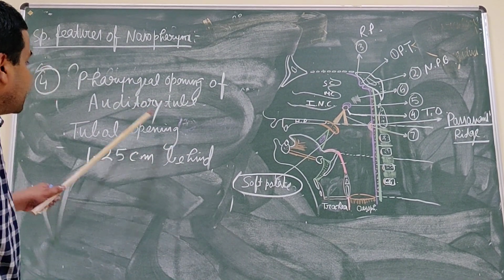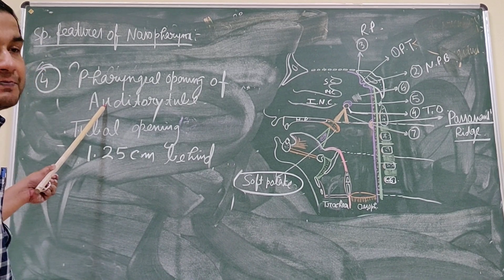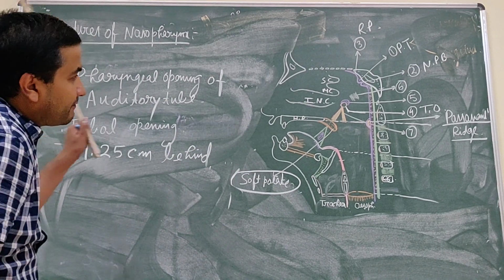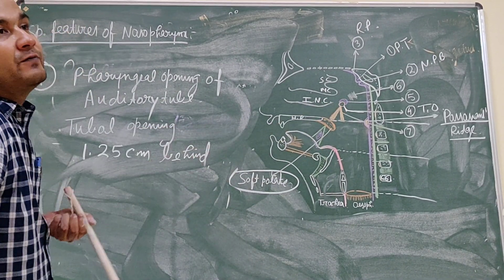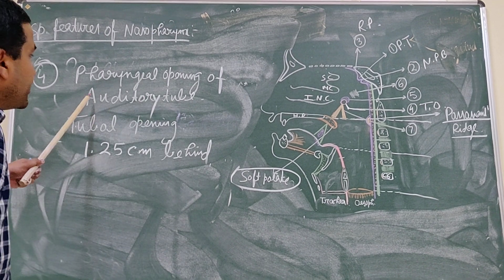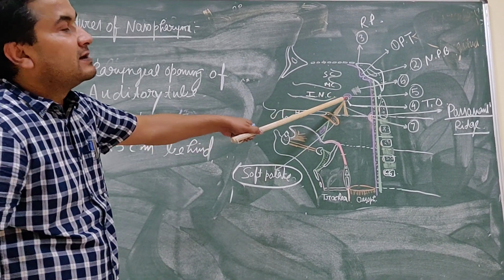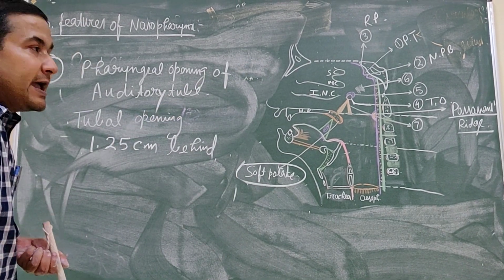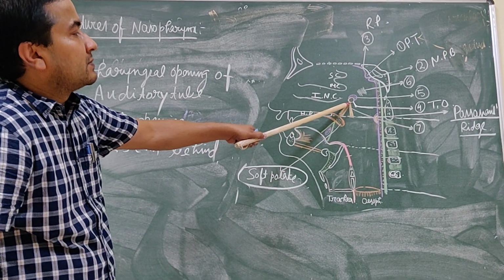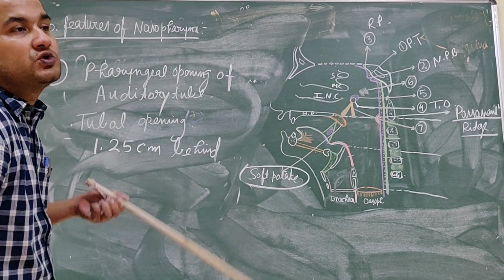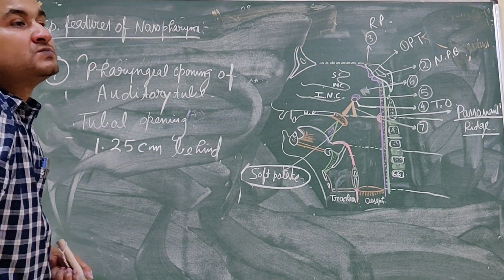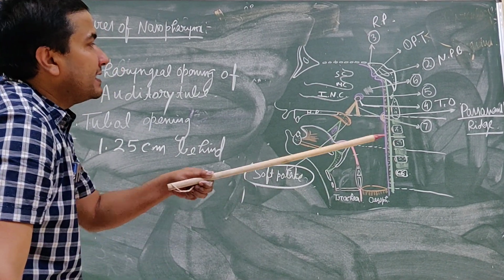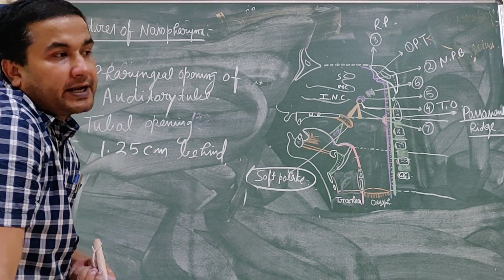We know one opening is present in the anterior wall of the middle ear, while the second opening is in the lateral wall of the nasopharynx. So this auditory tube connects the nasopharynx with the middle ear, and it allows air flow from the nasopharynx to the middle ear cavity, so that the air pressure outside and inside the tympanic membrane is equalized.